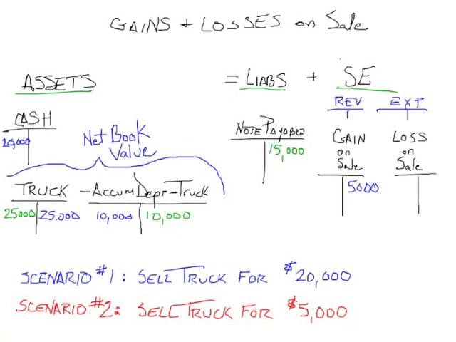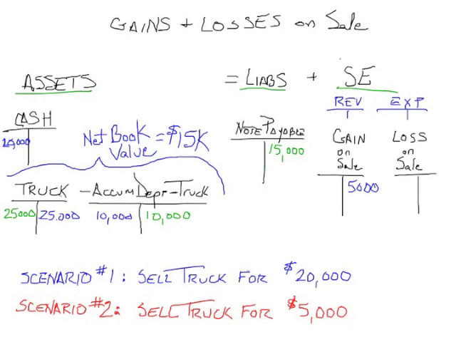So the net book value, if you take the green writing, of this truck was $15,000. We sold it for $20,000. So that right there should have told us you made a $5,000 gain on the sale. So that's a much faster way. We always compare to net book value, any kind of sales.